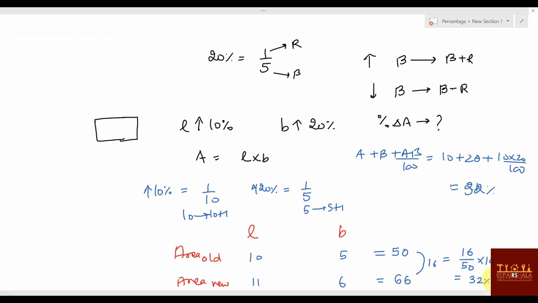But you might be saying, sir, why are we using this method? The A plus B method was really better. It is a little lengthy, taking time. So I have an answer for that also. Check. Suppose length is increased by 16 2 by 3 percentage and breadth is reduced by 37.5 percentage. Now can you apply A plus B plus AB by 100?